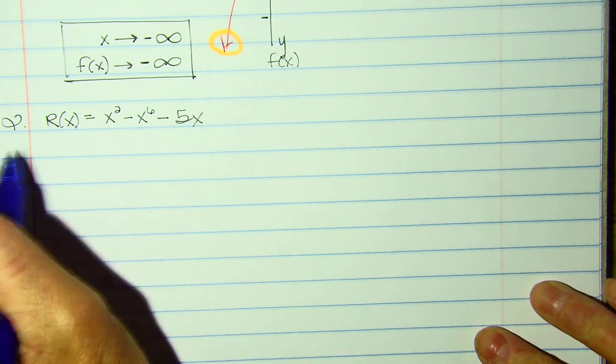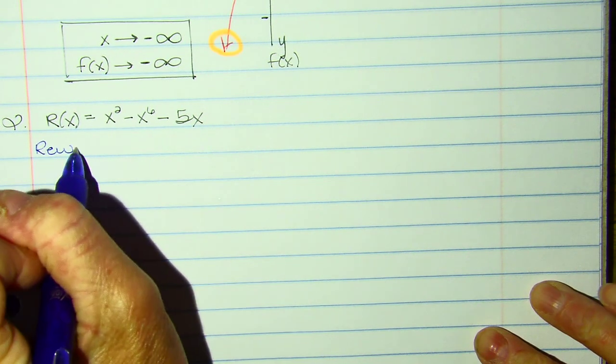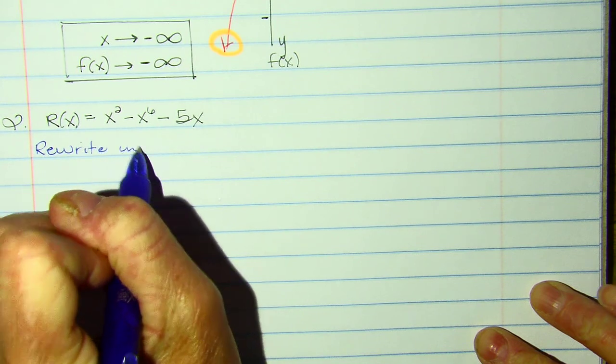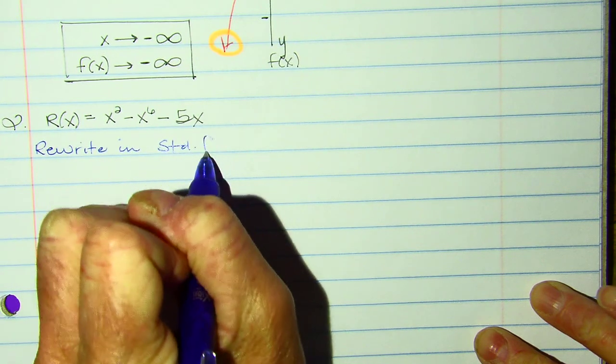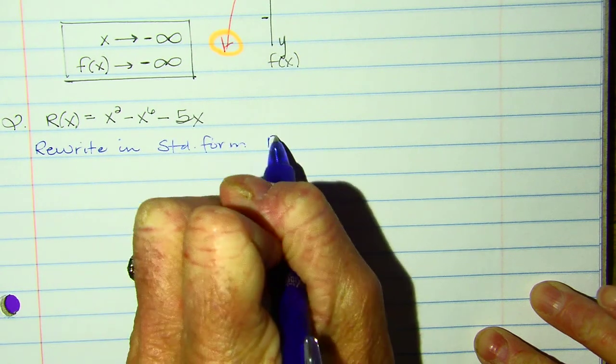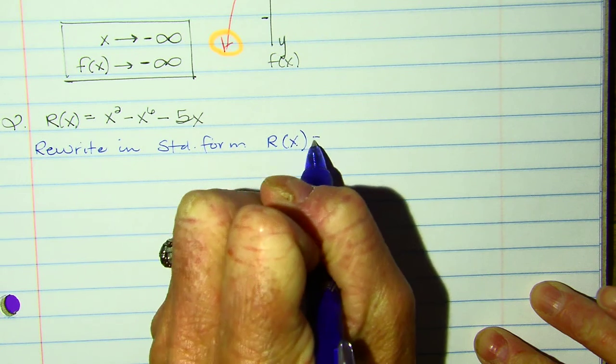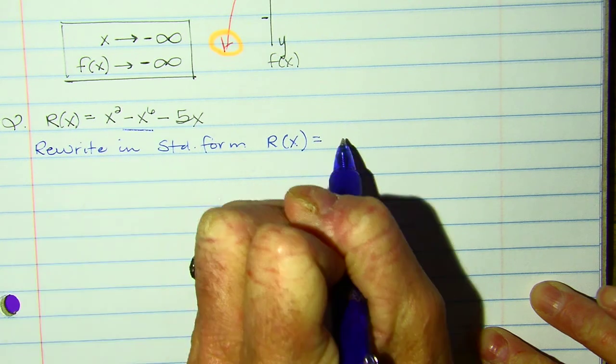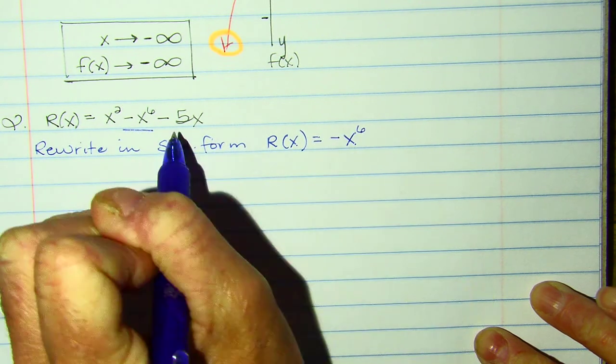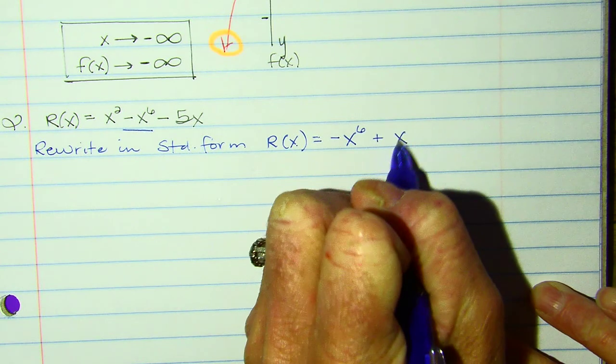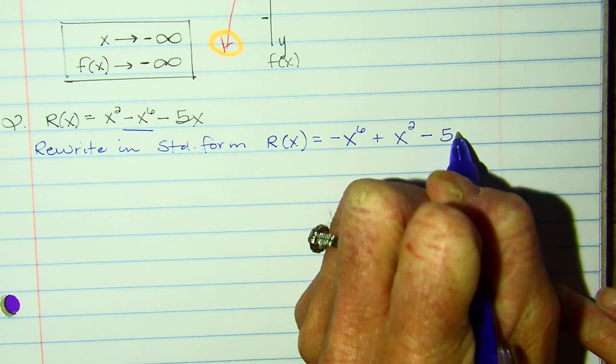So I need to rewrite in standard form. So r of x, let's list things in order. This is a negative x to the sixth plus x squared minus 5x.